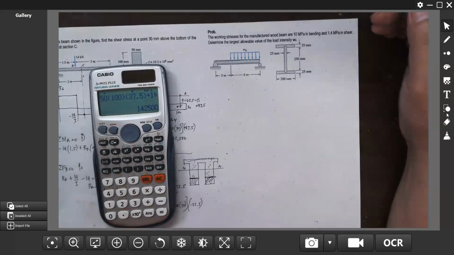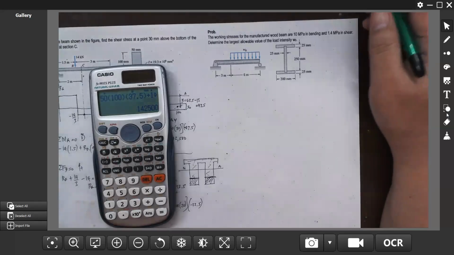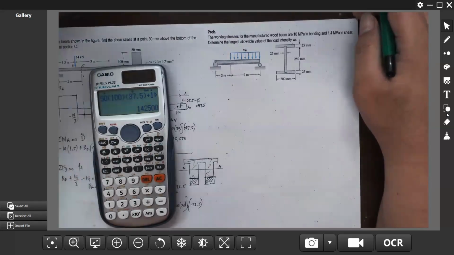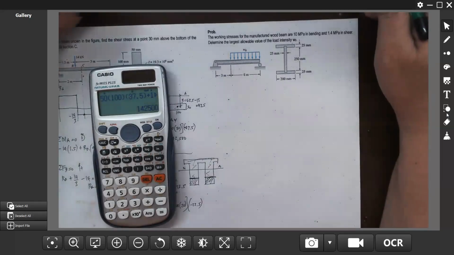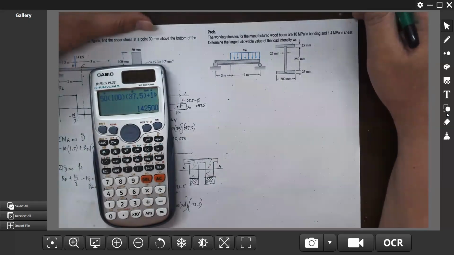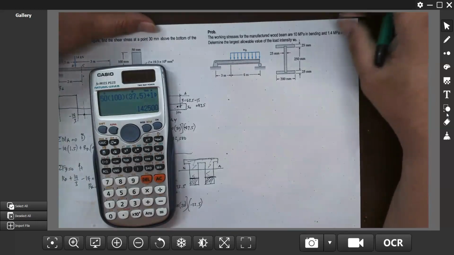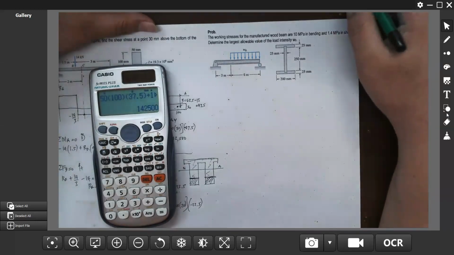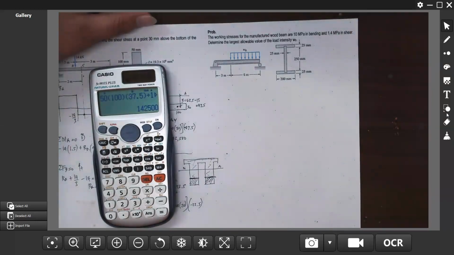See, here's the problem. The working stresses for the manufactured wood beam are 100 megapascal in bending and 1.4 megapascal in shear. Determine the largest allowable value of the load intensity, W sub O. Okay.